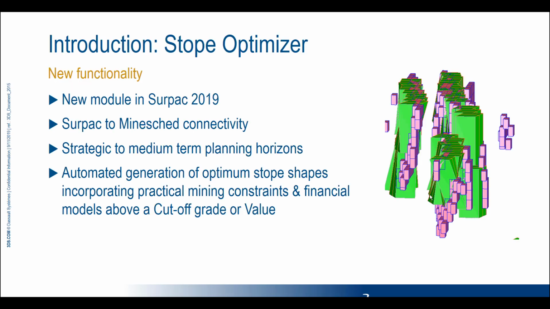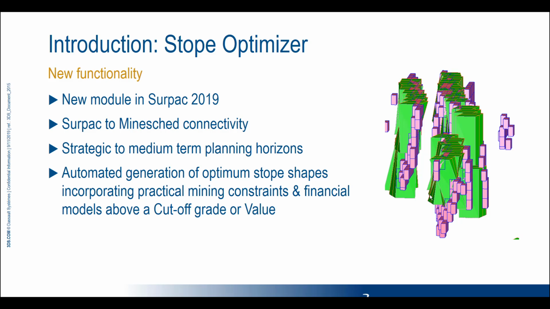I'll start with a high-level view of the Stope Optimizer. So the Stope Optimizer was introduced as a new module in Surpac 219 earlier this year. The Stope Optimizer is used conventionally in an underground mining scenario and is used in the strategic to medium-term planning horizons.